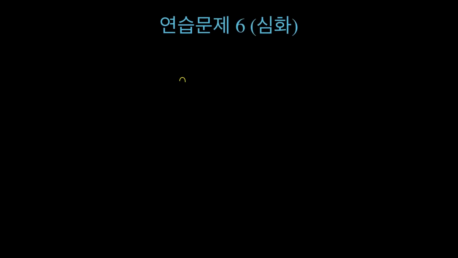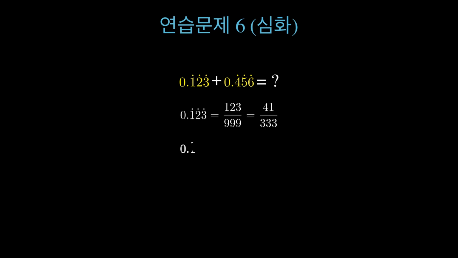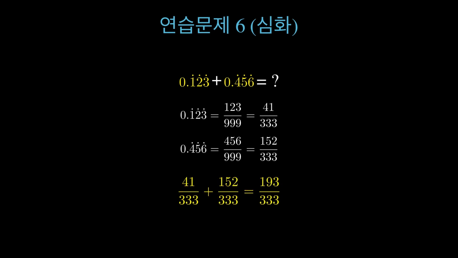Problem 6. It is advanced 1. Calculate 0.123123, and so on, plus 0.456456, and so on. When adding repeating decimals, it is safest to convert them into fractions first.